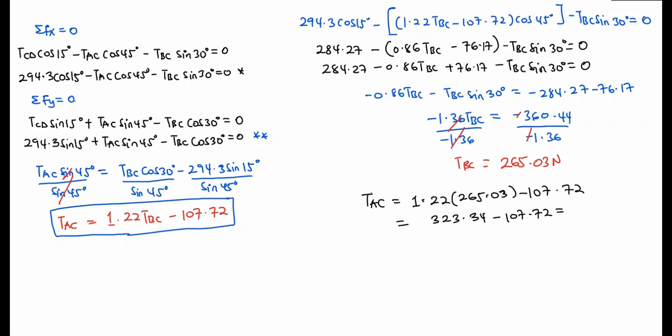So 323.34 minus 107.72 gives us a value of 215.62 Newton. So that will be the value of TAC. Okay, you might not get the exact answers I got, but you should get something close to the values I got because of the approximations.